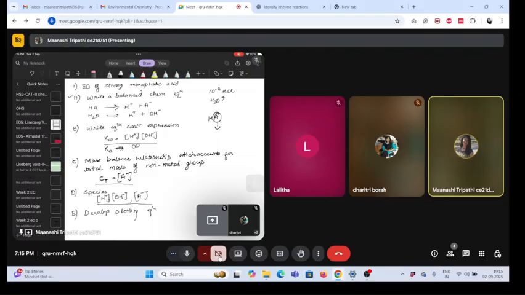First, we have to write a balanced chemical equation. Then we have to write all the equilibrium constants involved. Since this is a strong acid, only Kw will be there. Then we have to write the mass balance relationship of the non-metal group. Then we define all the species, and for each species we have to write a plotting equation.